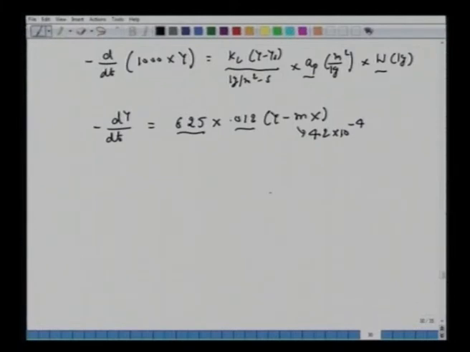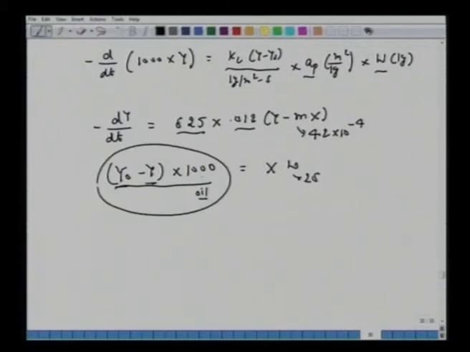Okay, so with these calculations, now again we need to replace this x. So we have y0 minus y into 1000 equal to x into W, 25 kg. So starting from time t equal to 0, concentration has come down to y, so much into 1000 kg of oil we had. So much kg has been transferred to make the concentration of the solid phase rise from 0 to x in 25 kg.